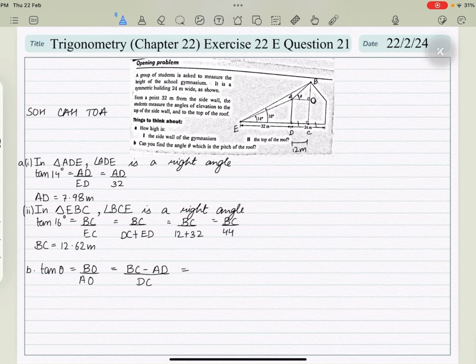So BC minus AD is going to give us around 4.64 meters, and DC is around 12 meters. We don't have to write meters here, so we can just say theta is equal to 21.64 degrees, and that's the answer.